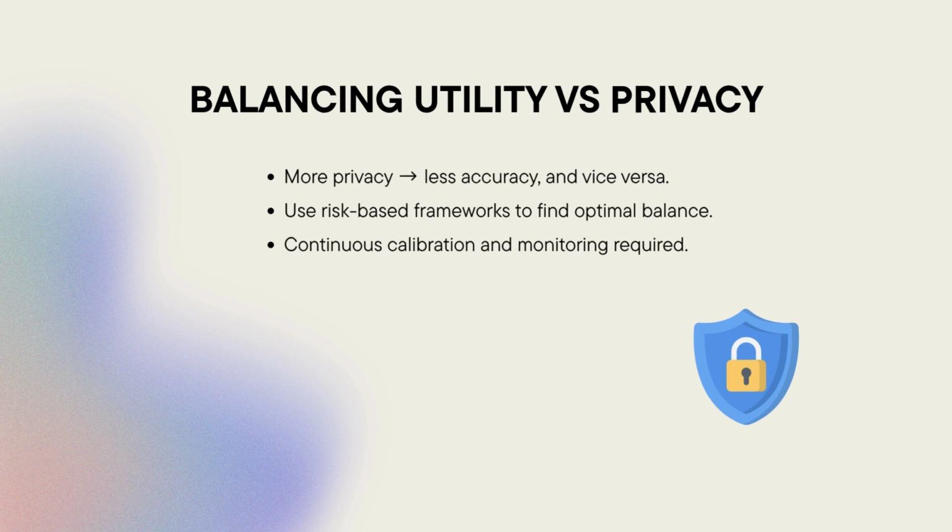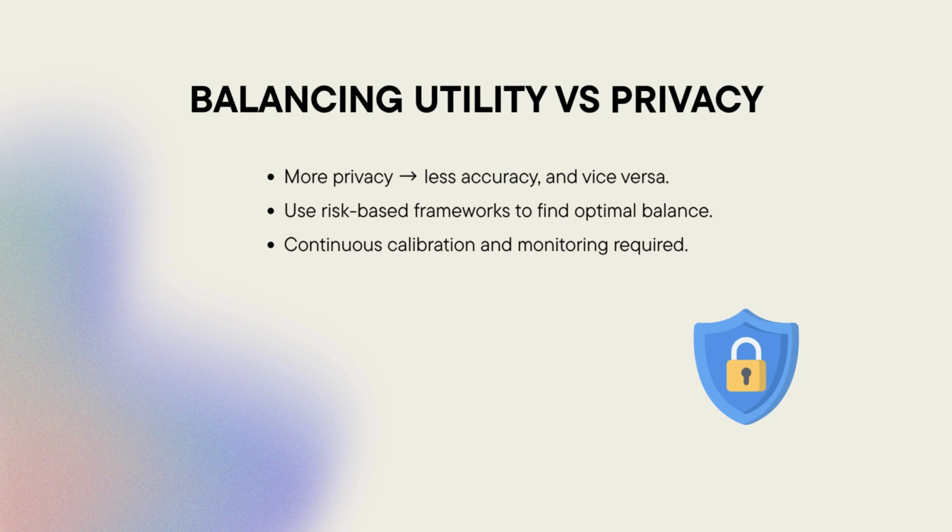Balancing utility versus privacy. The central tension in privacy engineering is balancing utility with protection. Strong privacy controls, like high noise levels and differential privacy, can degrade data utility, while high accuracy may compromise anonymity. Mature AI programs adopt risk-based frameworks, assessing context, purpose, and sensitivity to find the right trade-off.